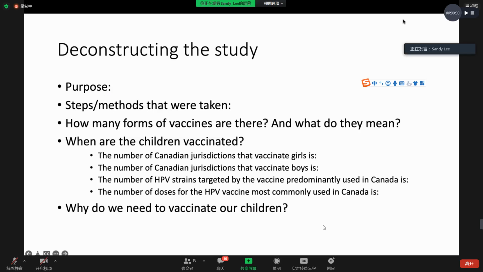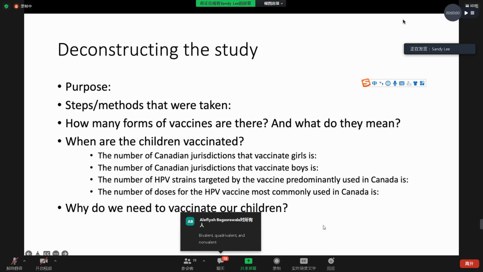Can you tell me how many forms of vaccines there are and what they are? Okay. And what are they? Can you name the three? Bivalent, quadrivalent, and nonavalent.